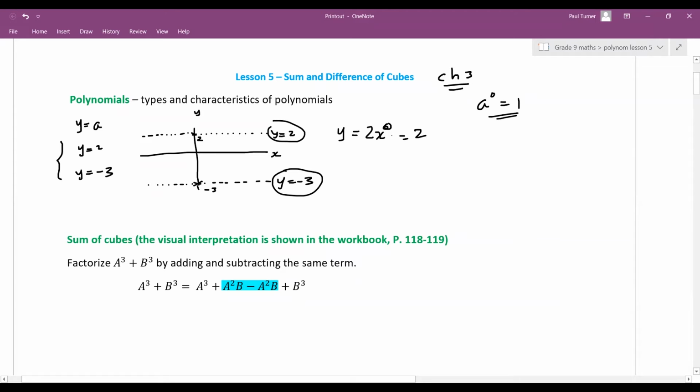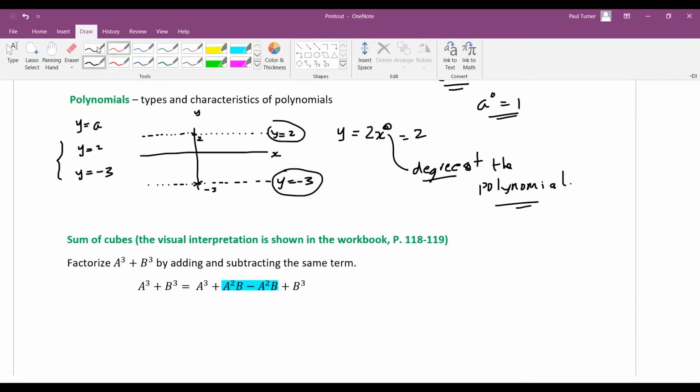So this is called the degree of the polynomial. And this is probably in your textbook, degree of the polynomial. Sorry, my handwriting's not good. Don't like this pen. That's the degree, D-E-G-R-E-E. So that's the easiest one you'll find, and that's called a constant polynomial.